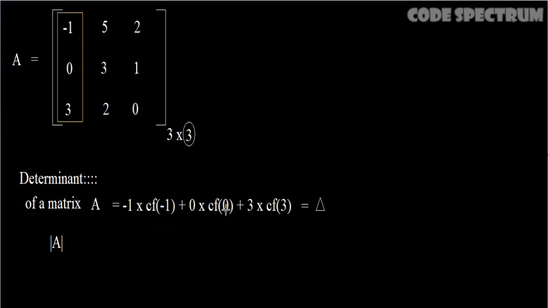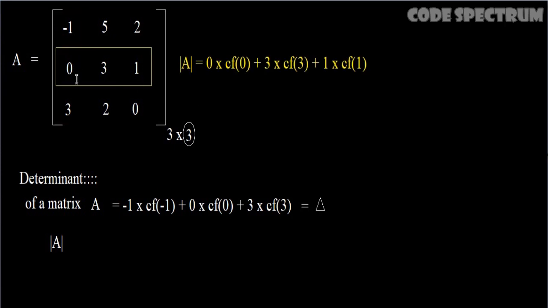If we solve this, you get the determinant of the matrix. Sometimes the determinant of a matrix is represented as a triangle, which is delta. You could have taken the second row, taken each element with its cofactor, multiplied and added, and you get the same answer, the determinant of A, for both of them.